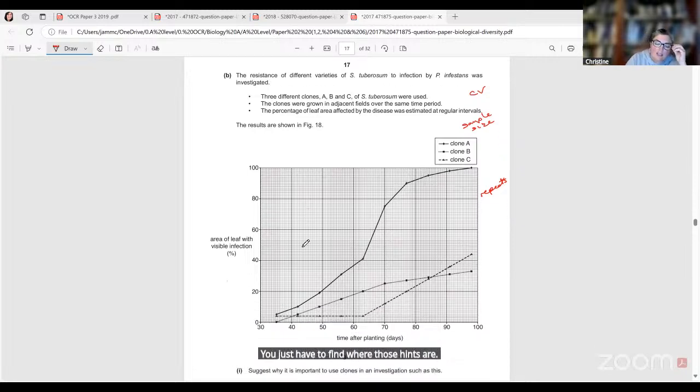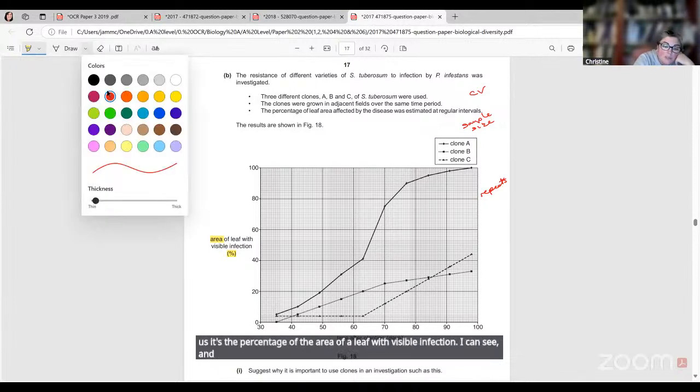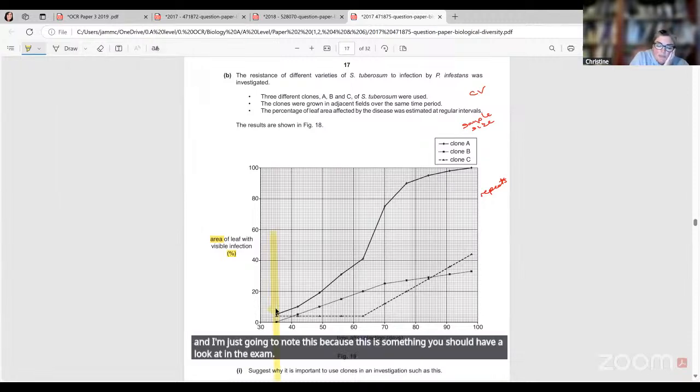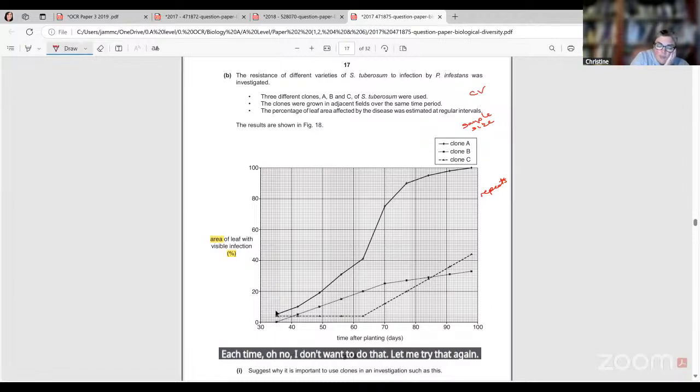Looking at this, they've told us it's the percentage of the area of a leaf with visible infection. I'm just going to note this because it is something you should have a look at in the exam. Each time, have they done the same number of samples?